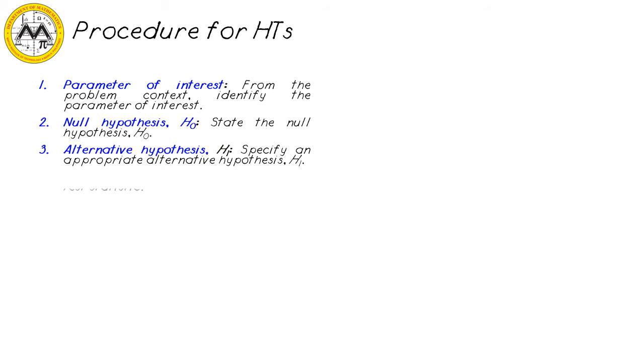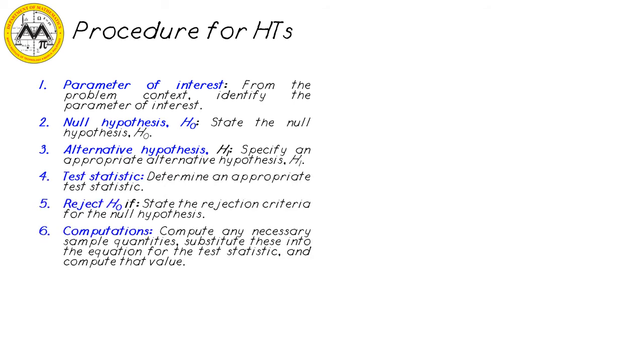When we test hypotheses, it is important that we identify the parameter of interest. Check whether we're checking for the mean, the proportion, or the standard deviation and variance. After identifying your parameter, you state the null hypothesis H0 and contradict it with an inequality.